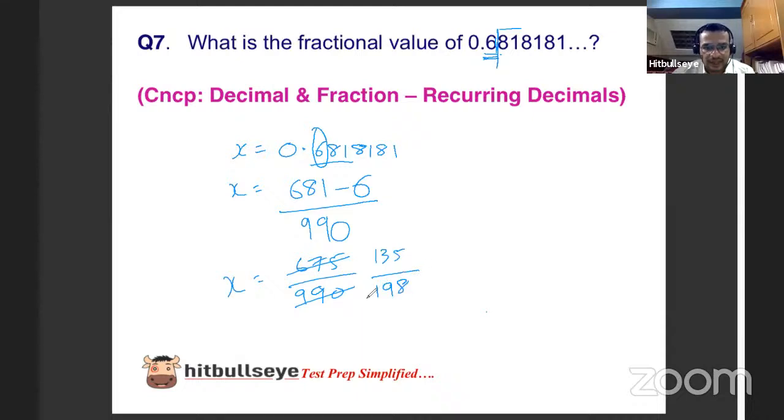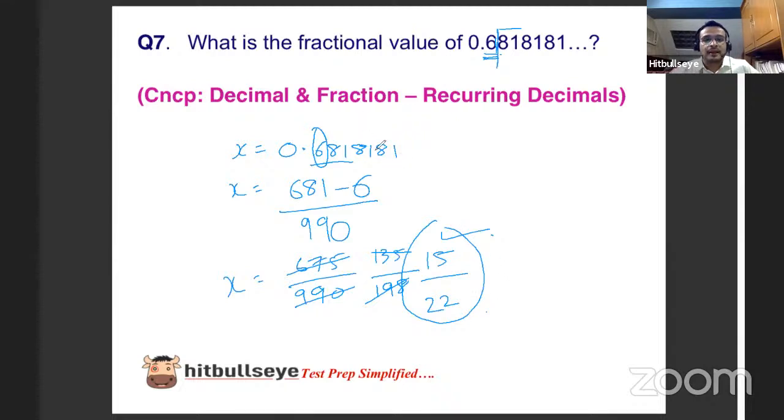I can slash it further, by 9. 9 twos are 18, and 9 fifteens are 135, so 15 by 22 is the right answer, which is the least value, and I cannot slash it further. So 15 by 22 is the answer.